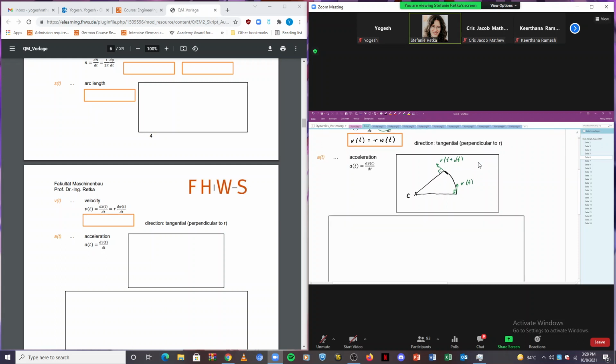Okay, now our last variable is the acceleration. In general, the acceleration is the time derivative of the velocity. But now for our point mass moving along a circular path, there are two types of change in motion.